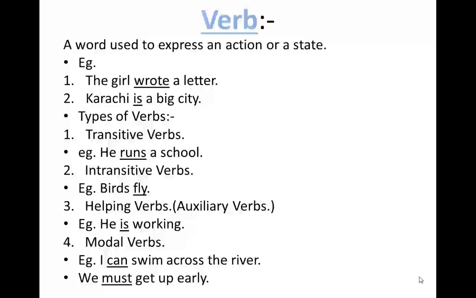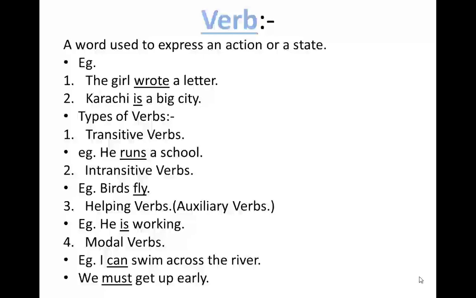For example, he runs a school. So he runs a school. It has a subject, he, and an object, a school. Another thing that you should keep in mind is that transitive sentences can easily be changed from active to passive. Now, do you remember active and passive?